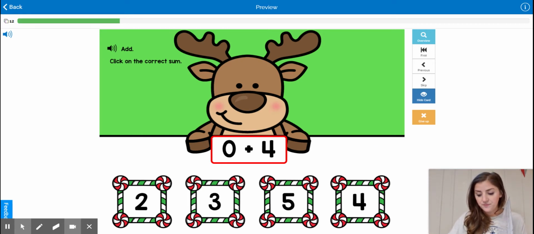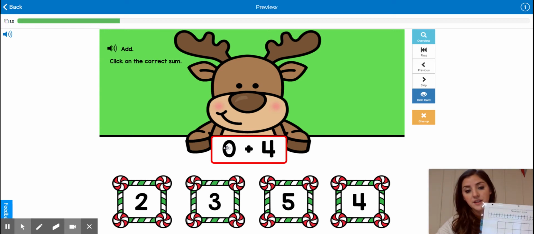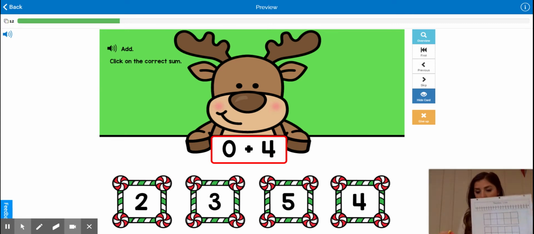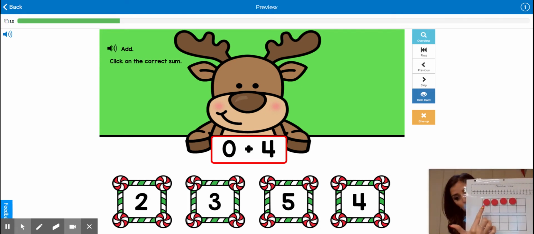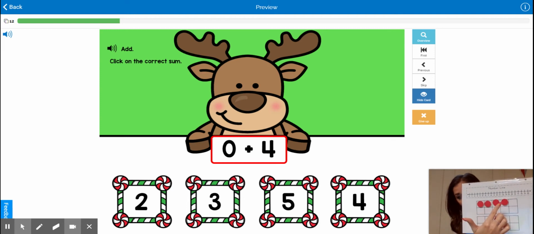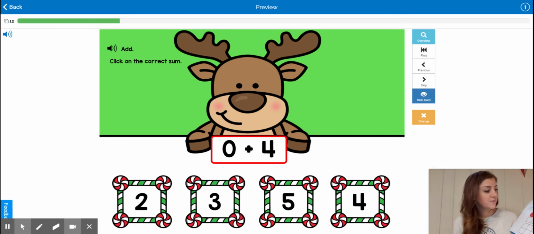Are you ready? We have 0, and we are going to add 4 more. Okay, so we have 0, and now we're going to add 1, 2, 3, 4 more. How many do we have? 1, 2, 3, 4. 4.